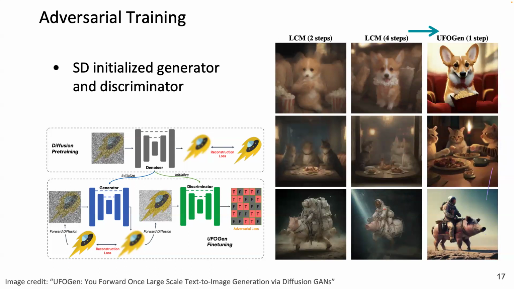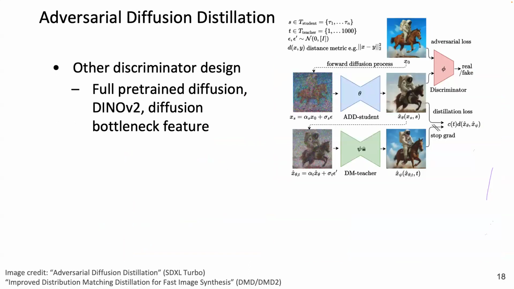And as shown in the result on the right side, it turns out to be quite effective: in the one-step generation result, it becomes much less blurry and of better image quality compared with the latent consistency model we have just introduced. Follow-up work also proposed other effective improvements on how to better design the discriminators. Our previous discussion corresponds to this full pre-trained distillation, where we take the entire Stable Diffusion or other pre-trained diffusion model and only remove the last layer to output a binary label.